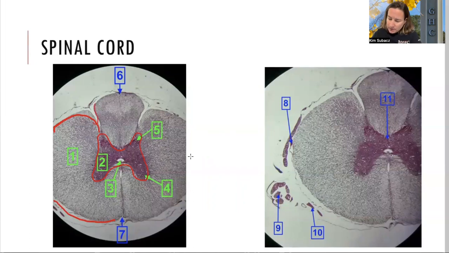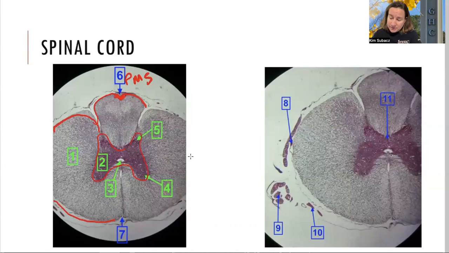We've got white matter, it comes along, and we've got a little notch right here. So there's a little bit of a dip in. This dip is a sulcus because it's kind of shallow. So it's a sulcus, and this is on the posterior side. So this is the posterior median sulcus. It's labeled number 6 here on this slide image. Posterior median sulcus. It's a shallow little dip on the posterior side.